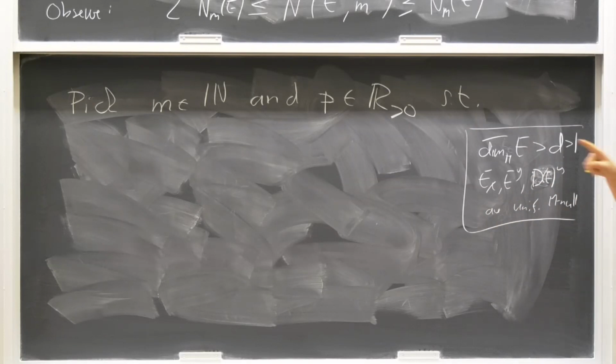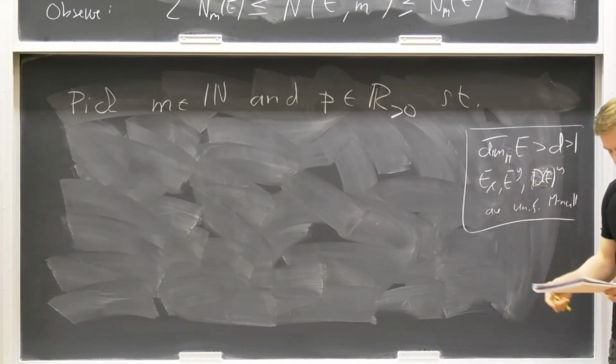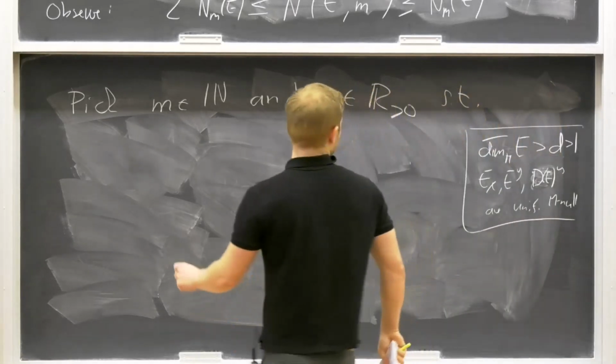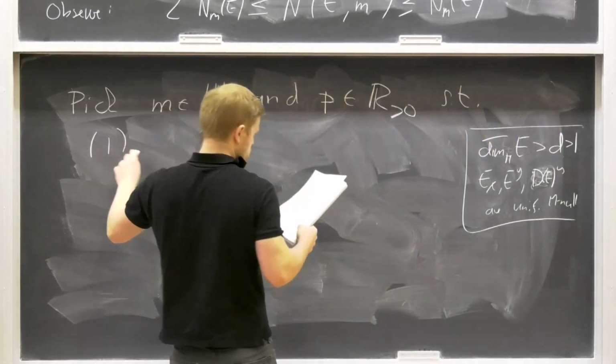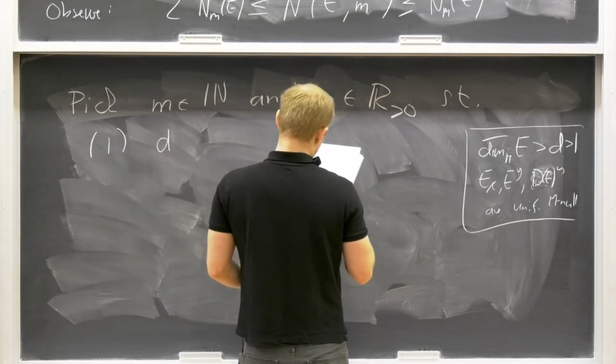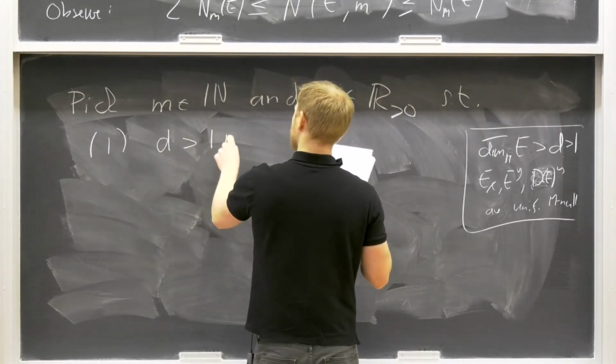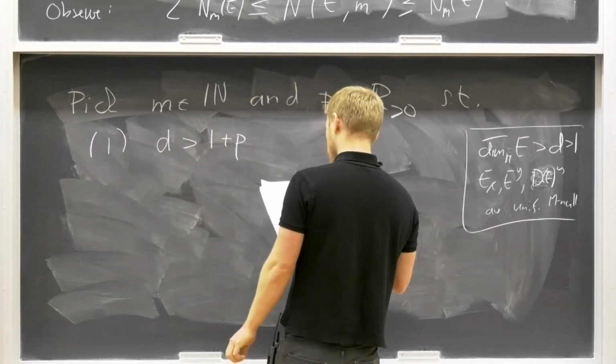So I now pick an M such that somehow witnesses that I need many boxes to cover E, but already I need few boxes to cover these things. So I pick, first of all, let this P be still smaller than 1 if you add it to 1.